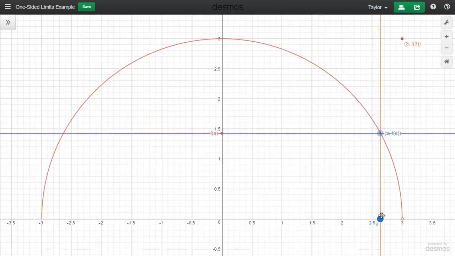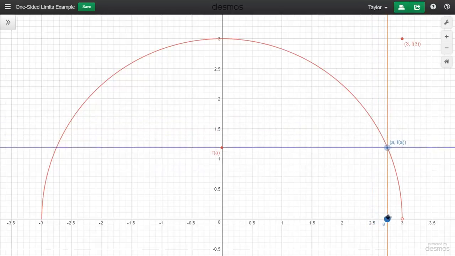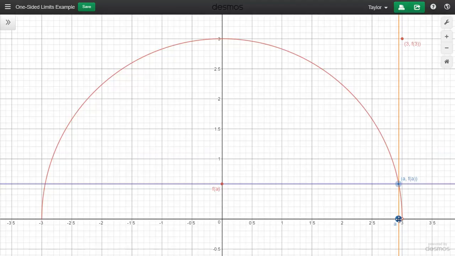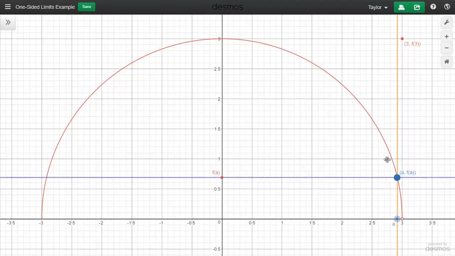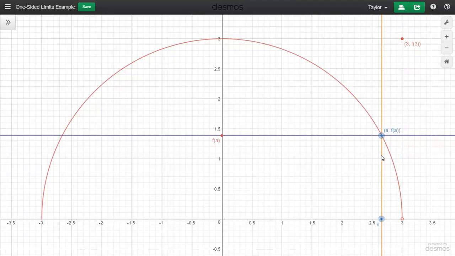But as this is defined, the limit as x approaches 3 from the left is not equal to f of 3, because f of 3 is 3. The limit as x approaches 3 from the left is 0. 0 is not equal to 3. So if this function was defined as I have it right now, this would not be continuous on the closed interval, because I broke it.